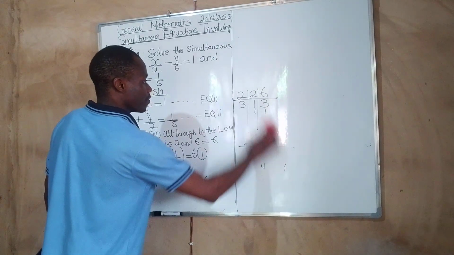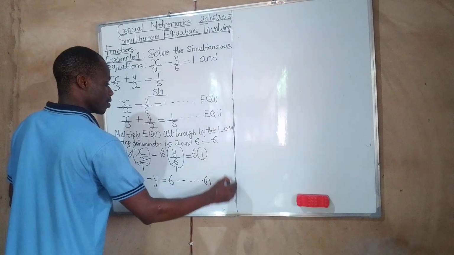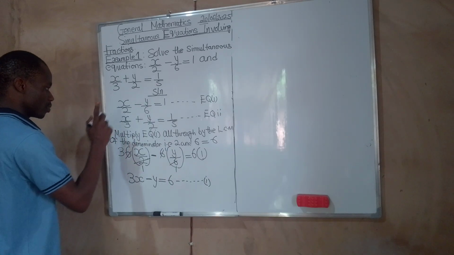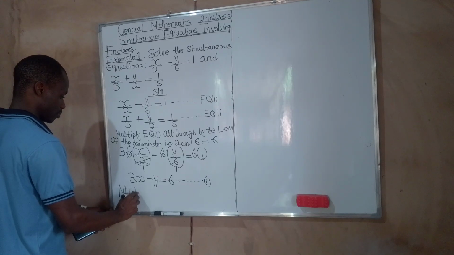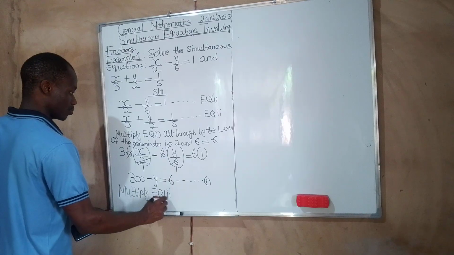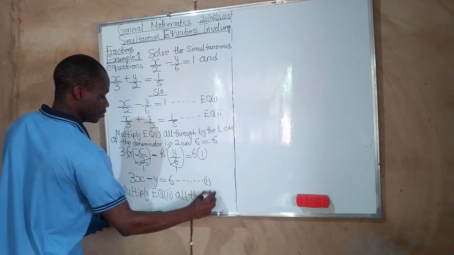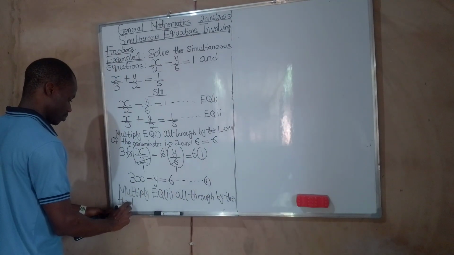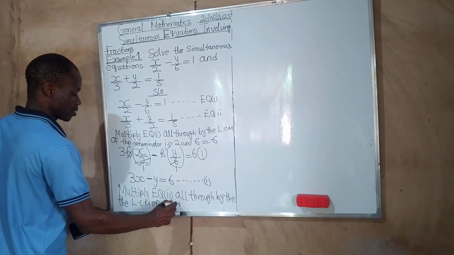So we go ahead with getting the unknowns for x and y for equation 2. We say multiply equation 2 all through by the LCM of the denominators.